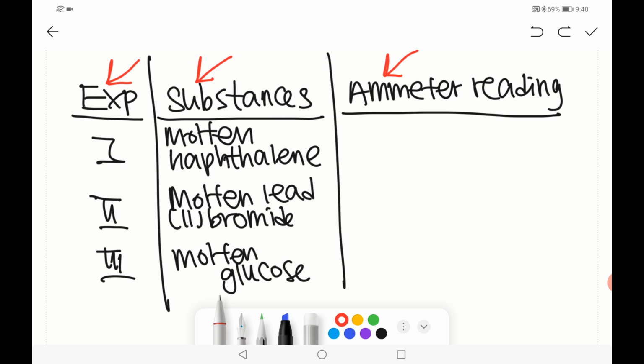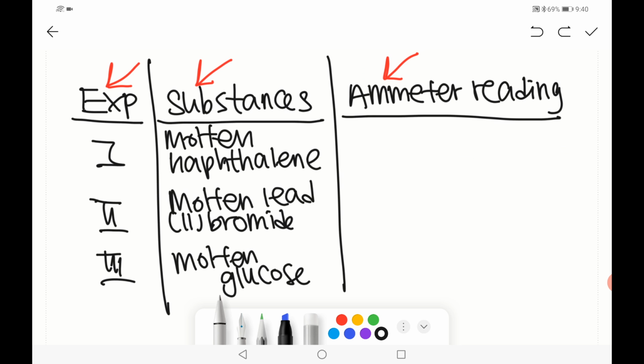No. For ammeter reading, do you have a unit? Yes. The ammeter is used to measure electric current, and current is measured in ampere. So over here you can either write a bracket with ampere, or if you don't want to write a bracket, you also can use a slash and write ampere. Then only you put the ammeter readings in accordingly.